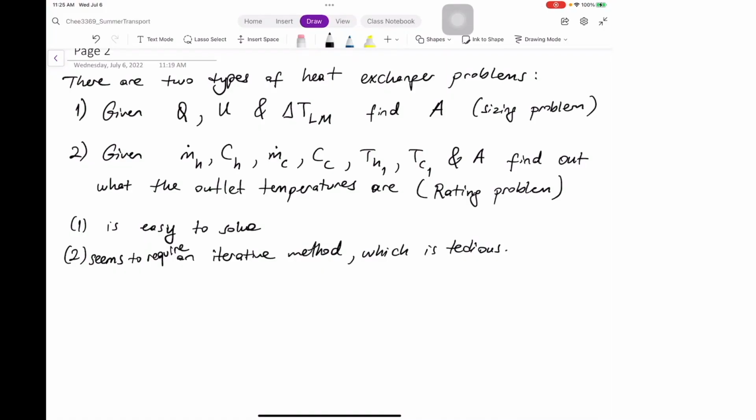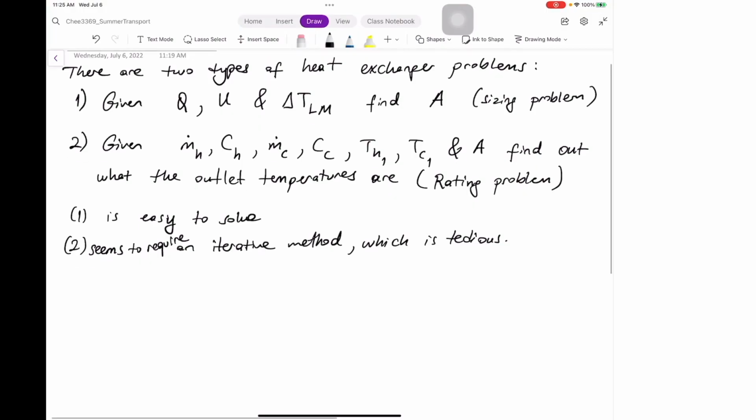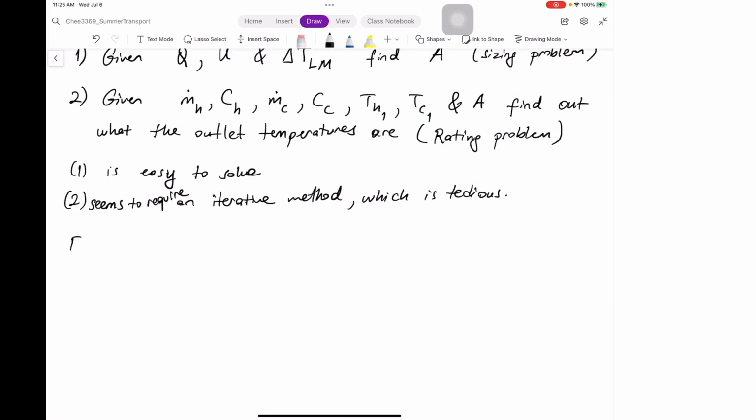If you knew one, you could calculate the other, but you have two equations, so you can trial and error and see whether a given temperature actually solves both conditions, because you don't have linear equations. But we can actually find a trick for the second type of problems.